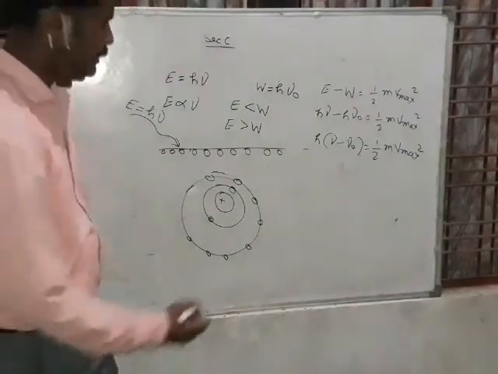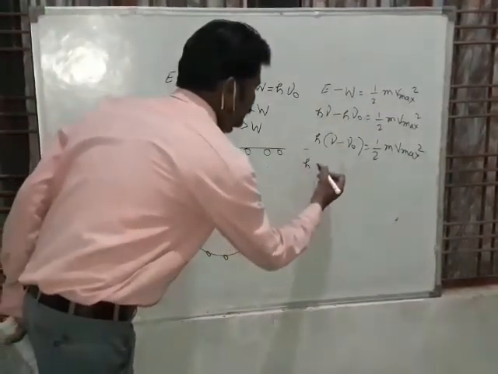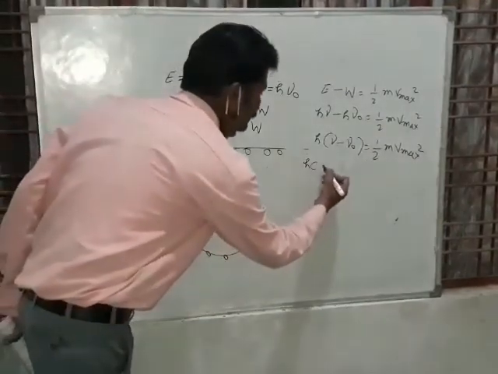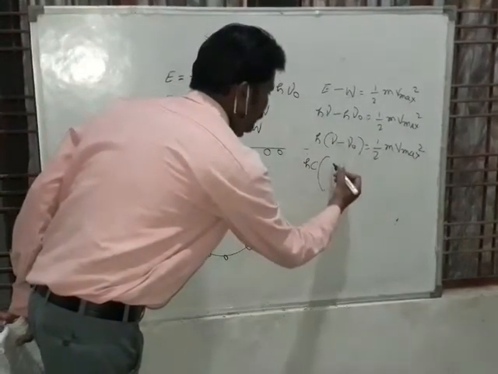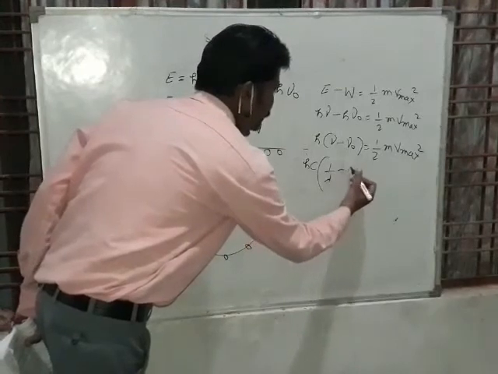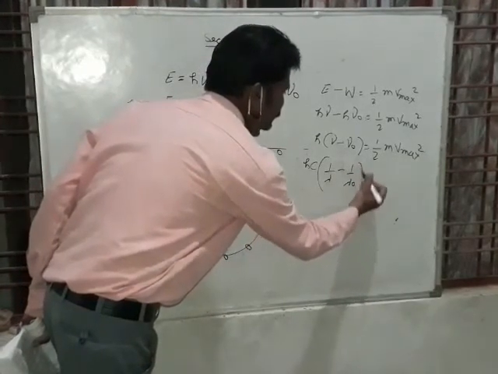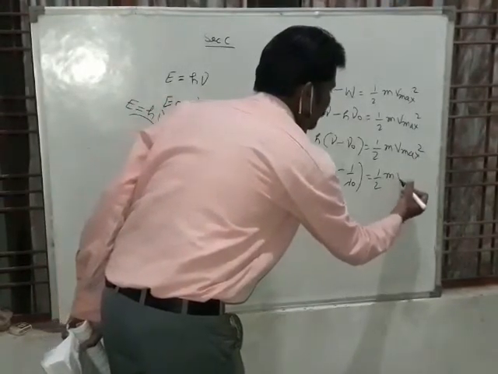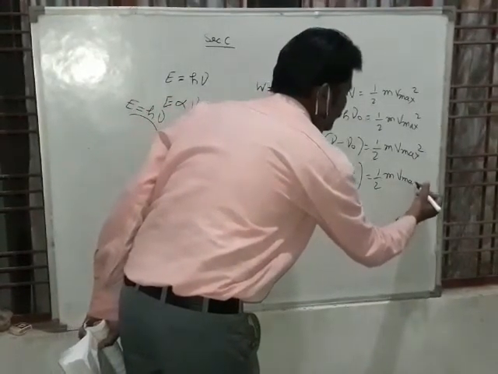In other form, we can write h nu is equal to h c upon lambda. So we can write h c in bracket 1 upon lambda minus 1 upon lambda naught equals half m v maximum square.